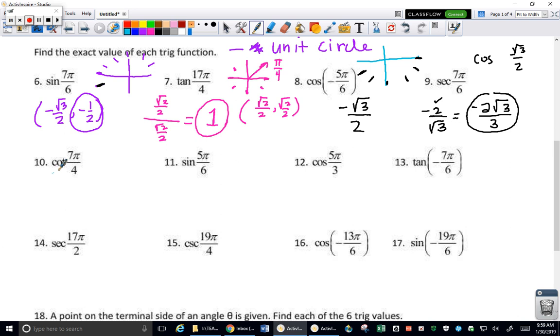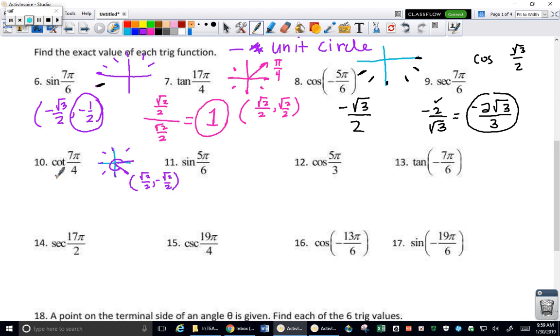Okay, cotangent at 7 pi over 4. Once again, that's 45 degrees, so 1, 2, 3, 4, 5, 6, 7. Here is 7 pi over 4, which has an x value of root 2 over 2 and a y value that happens to be negative.